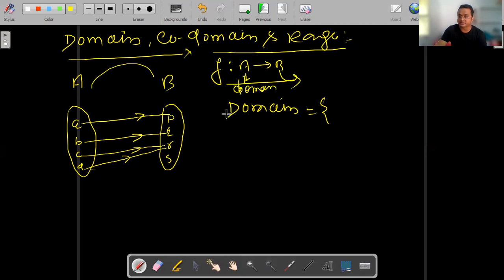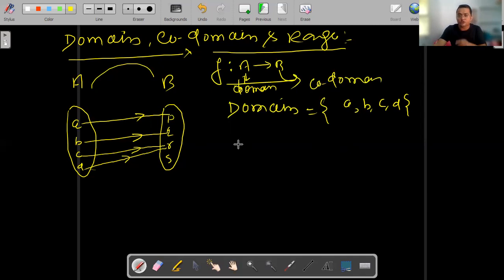And B is the codomain. And mapped elements are called range. Understood? So what will be the domain here? A, B, C, and D. All the elements of set A are called the domain.